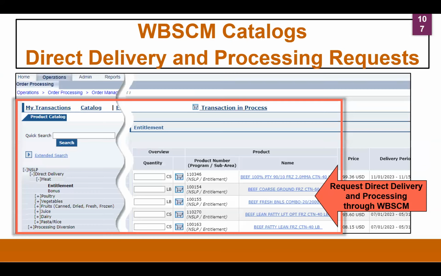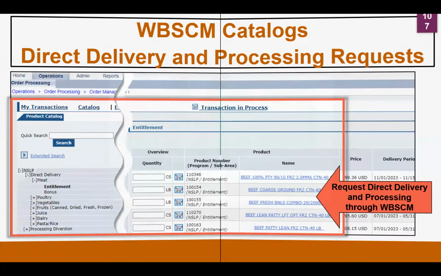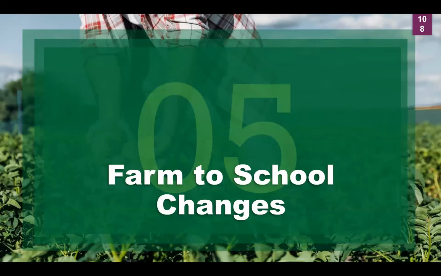Now we will not do that. We will just simply go into WebSCM and place our requisitions in there. And we will have a training next week on requisitions. Next week or in November. Yep. Again, farm to school.